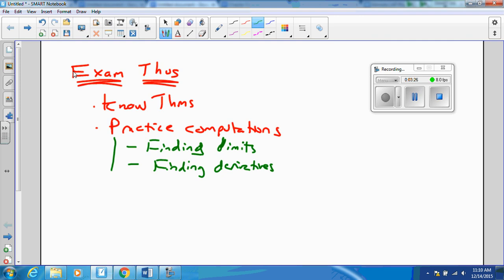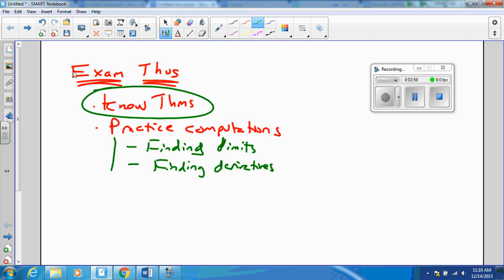Do we have to know limits and stuff? Good question. Do you have to know how to prove anything? I will not formally ask you to prove anything on the exam. However, the knowing of theorems really comes down to knowing why they are true.